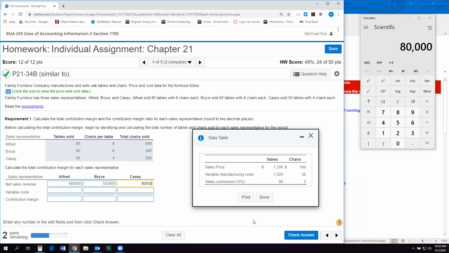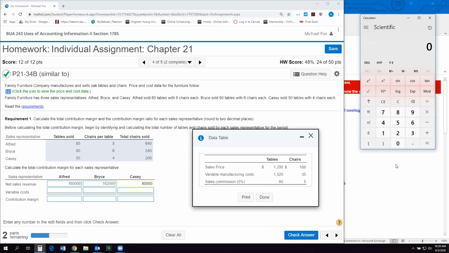Then we figure out the variable costs. The variable costs would be the variable manufacturing costs, 1,020, plus the sales commission of $60. So $1,080 for a table and $40 for chairs. Now we have to go through that same process again. I'll talk my way through the first one and then pause it and figure out the other two so you don't have to listen to me work through it.